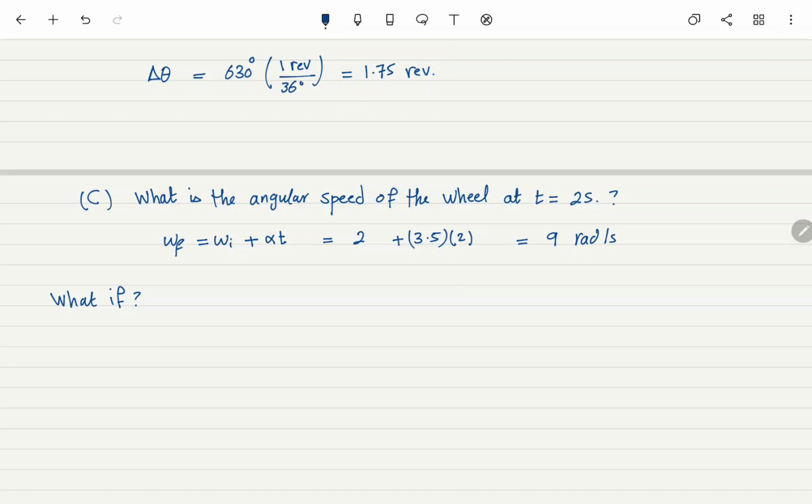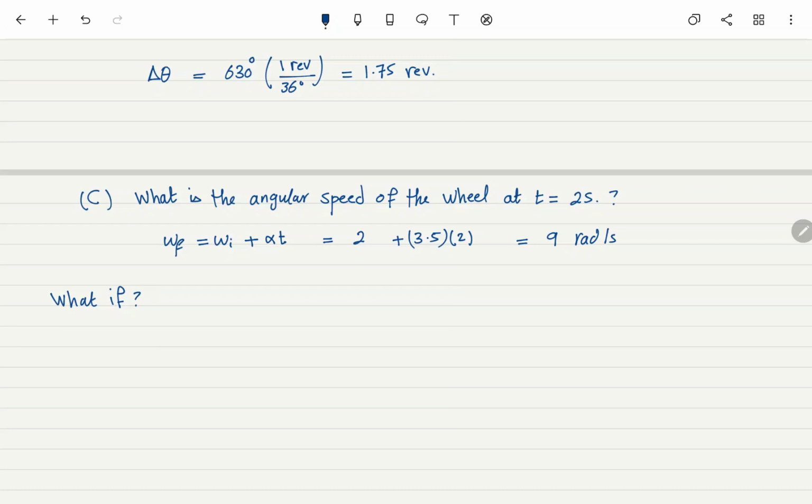Now suppose that we have the same situation as before, but rather than rotational motion, we have translational motion. So same numbers, same everything, but instead of using rotational motion, we use translational motion.